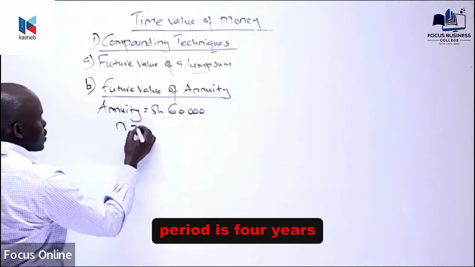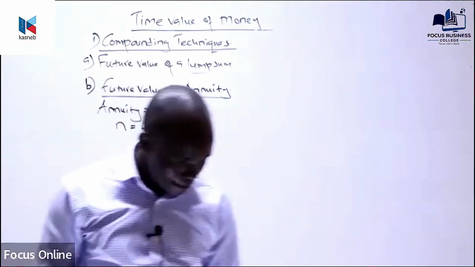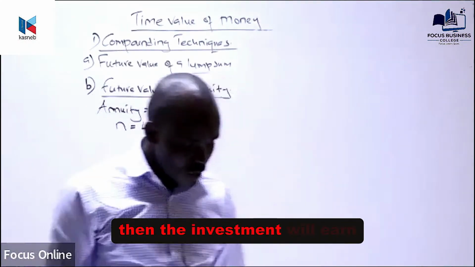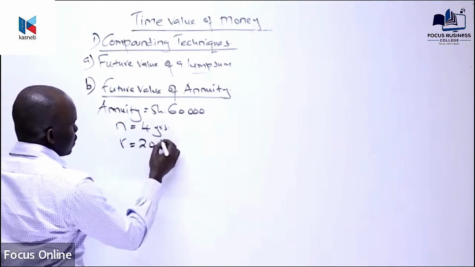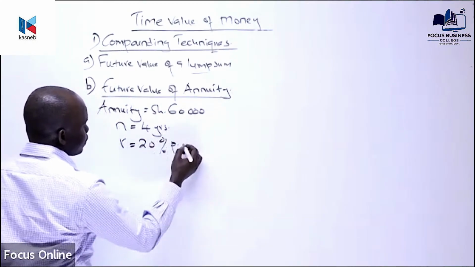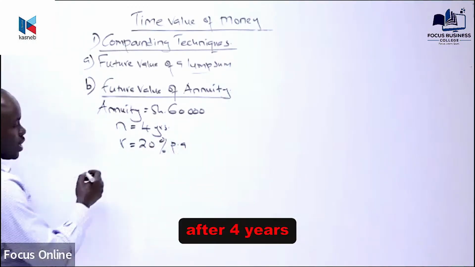Period is 4 years. The investment will earn interest at a rate of 20%, so 20% per annum.